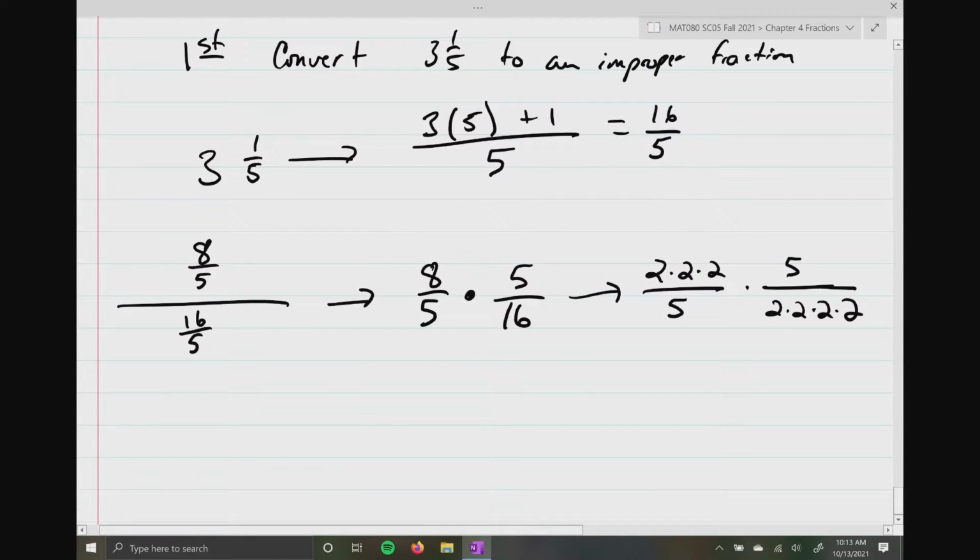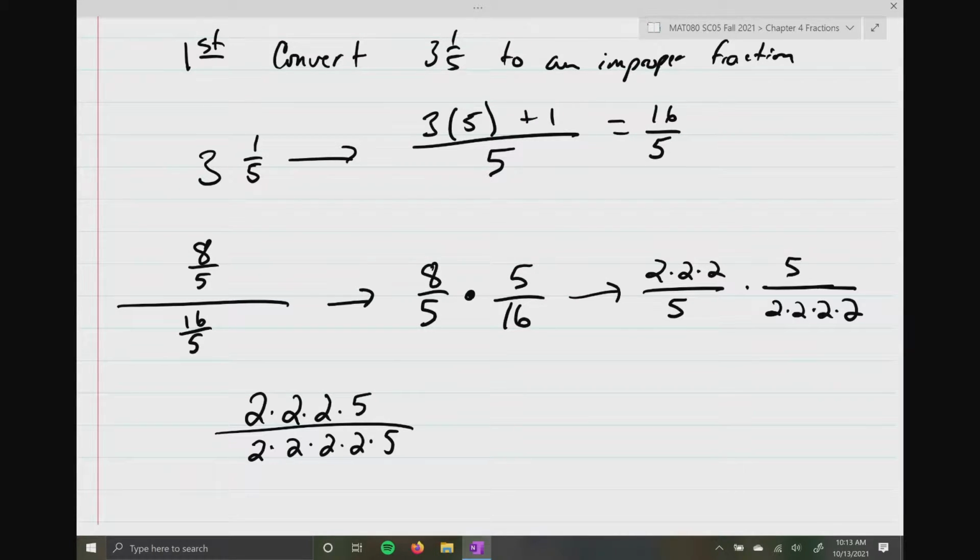Next, I'm going to write one big numerator and then one big denominator. Now, I'm going to simplify if I see a number that's the same in the top and bottom. So it looks like I can simplify 3 sets of 2 and then 1 set of 5.